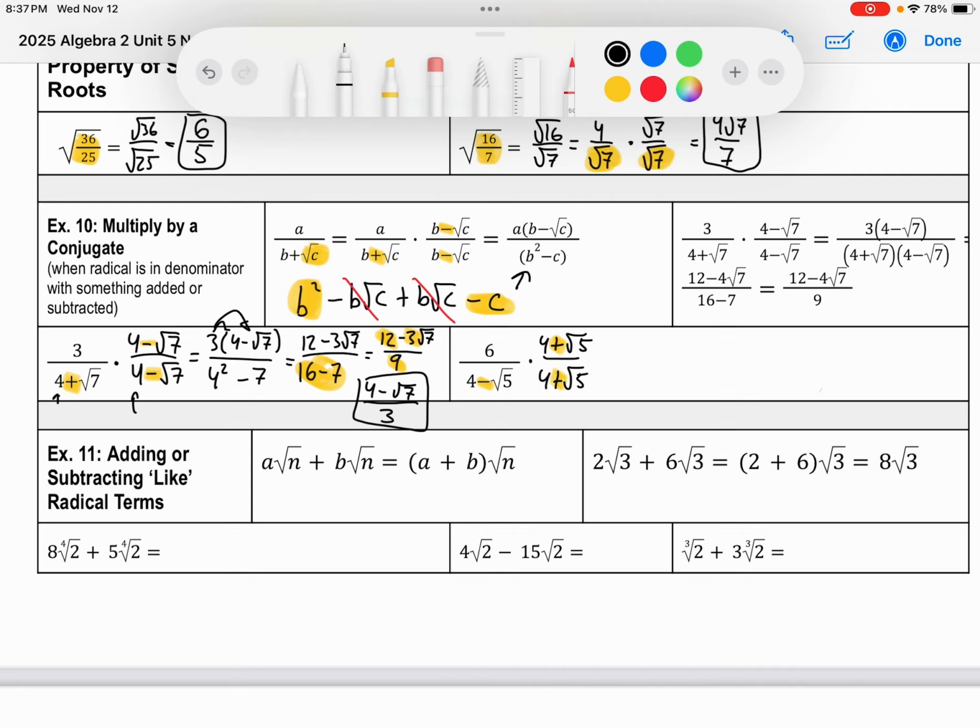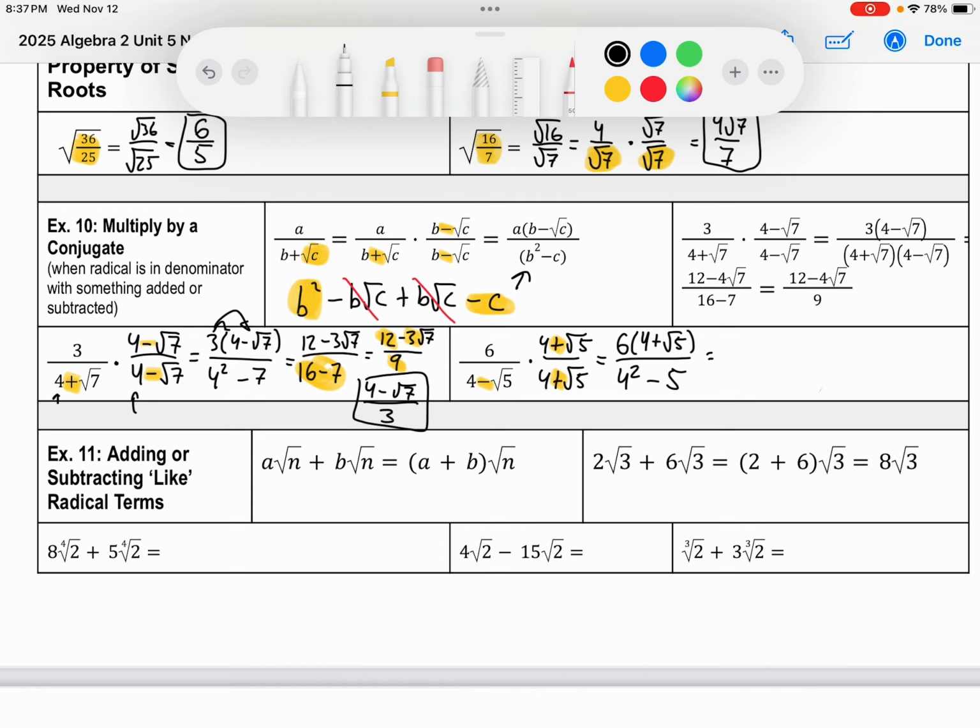So then when I multiply these, I would have 6 times 4 plus the square root of 5 on the top. And then we're going to end up with the b squared, which again, in this case, will be 4 squared minus c, which in this case is 5.